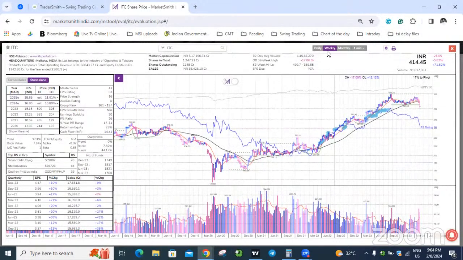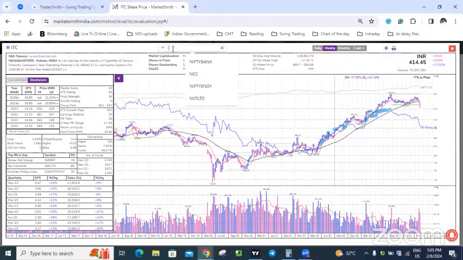Actions are purely up to the trader. In my opinion, the best price to exit was when it breached this black color line, the 200 DMA, or when it breached the upward sloping trend line. So this ITC is not looking that attractive at the current juncture.